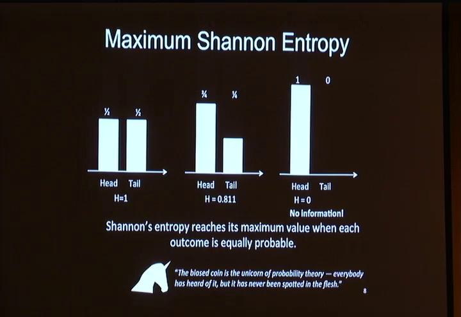And if we have a coin where both sides are heads, then when we flip this coin, we get no information at all, and the entropy for this coin is 0. So Shannon entropy gets its maximum value when all the events are equally likely, when all the probabilities are the same.